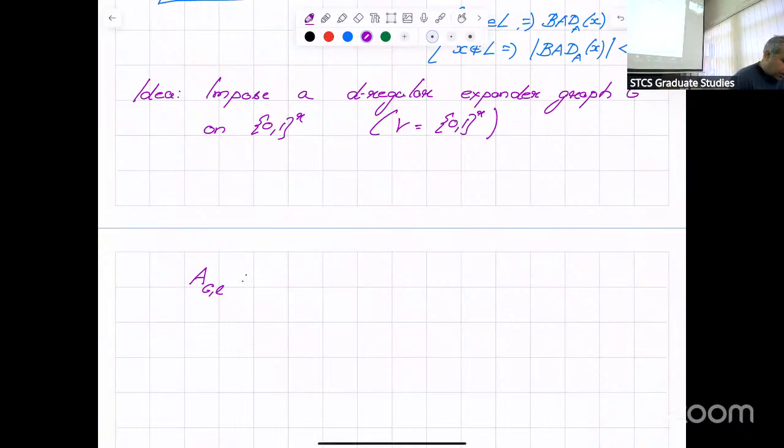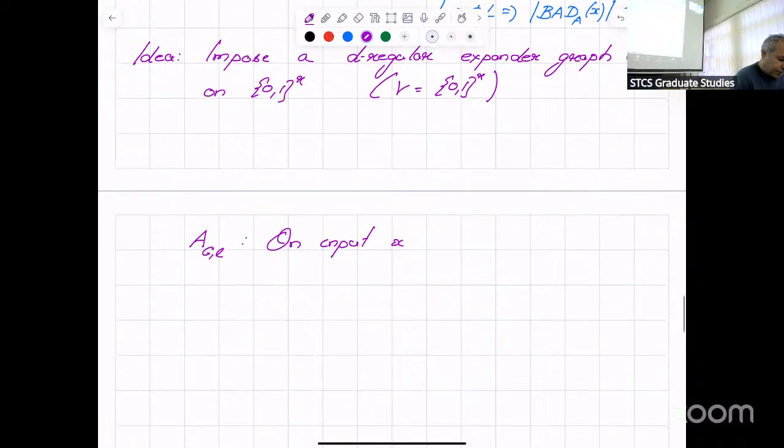What we'll do is, on input X, first pick a random coin. We'll start off with a random point, that is, we're choosing a random vertex in the graph.